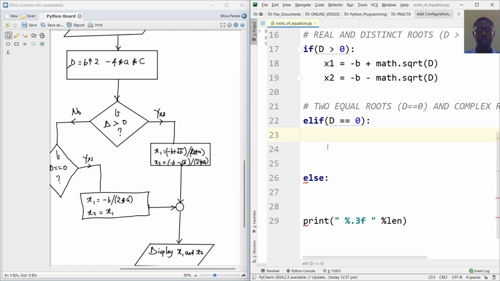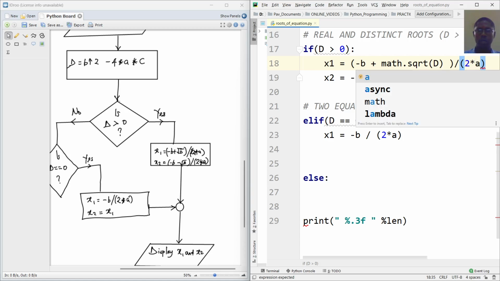So now the next one is equal root. So equal root is x1, of course. We say negative b divided by 2 times a. Now don't mind me, I should have included the whole of this in a bracket. Then this is going to be divided by 2 times a.